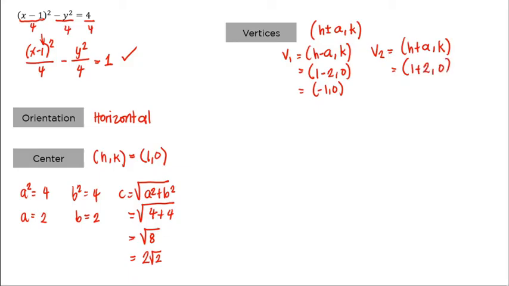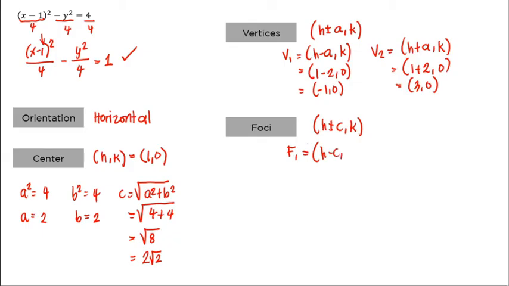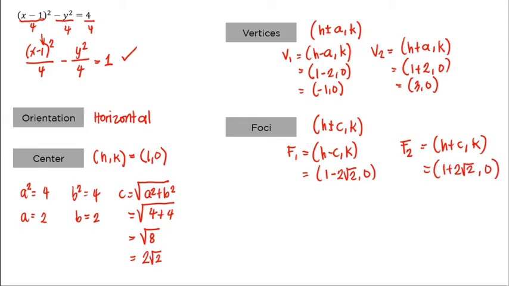So we have (3, 0). So we now have the vertices. For the foci, we have (h plus minus c, k). So f sub 1 will be (h minus c, k). So that is (1 minus 2 square root of 2, 0). Now, for our f sub 2, we have (h plus c, k). So this will be (1 plus 2 square root of 2, 0). So we now have the foci.